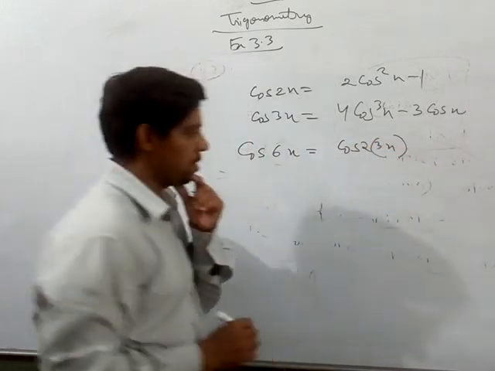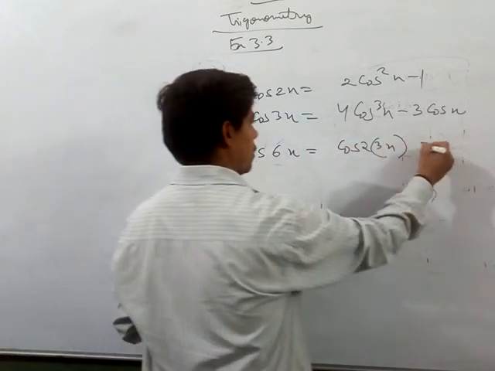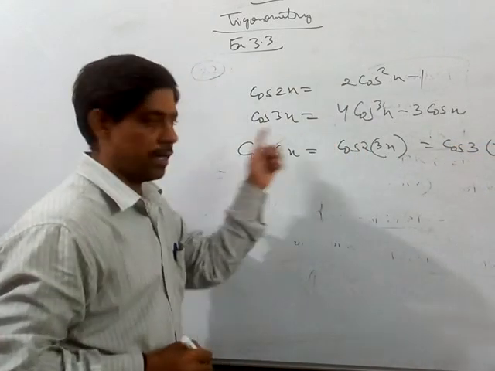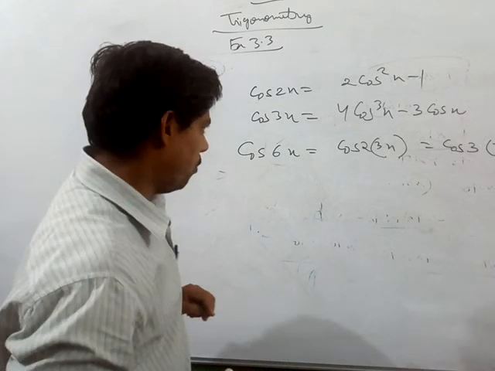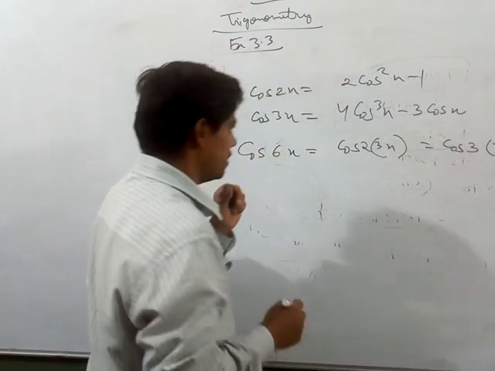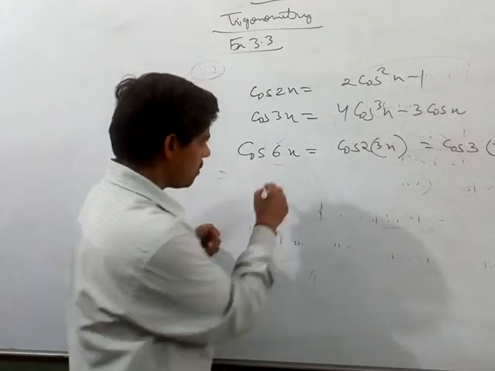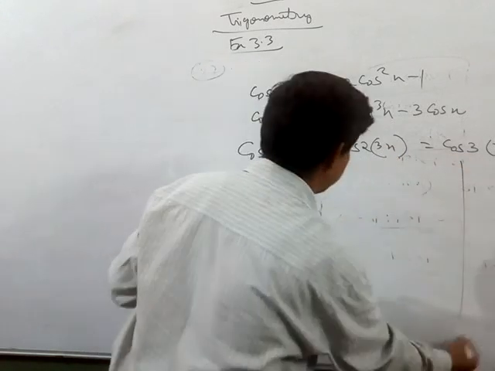You can write it this way, or you can write cos of 3 times 2x. Whichever way, you should get the same answer. So we will try and write this in this format, cos of 2 times 3x. Let's see whether we get the same answer by both the methods.